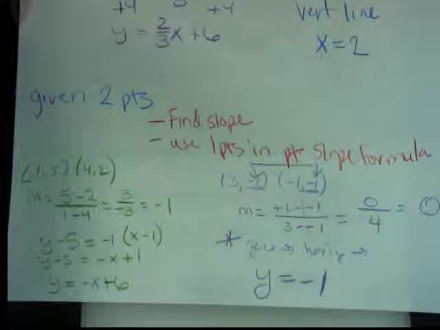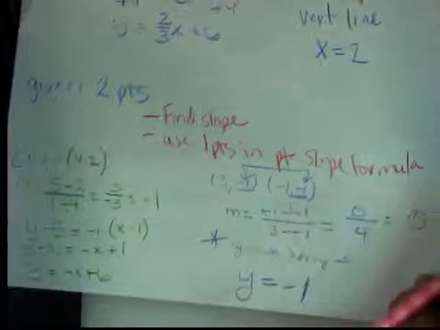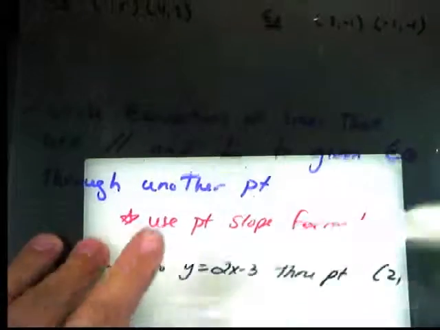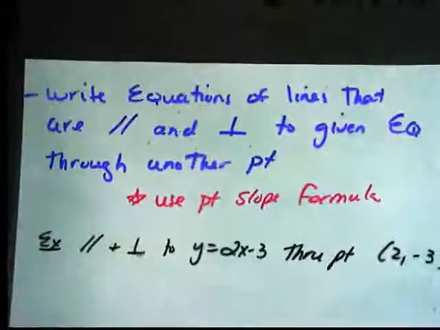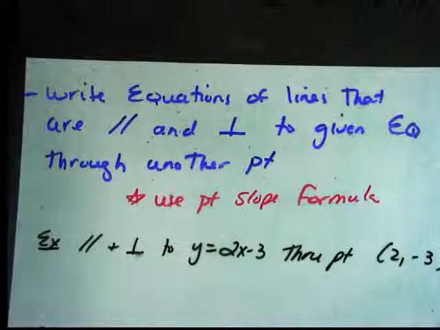Now we have to write equations of lines if we only know parallel and perpendicular. All right, write an equation of a line that is parallel and perpendicular to a given equation through another point. Use the point-slope formula.